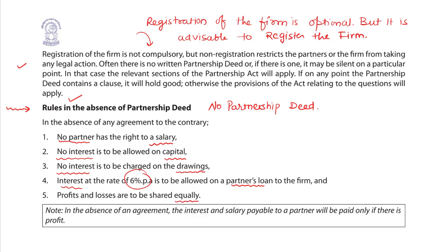I believe you understood. So, five things: no partnership salary is allowed, no interest on capital is allowed, no interest on drawings is charged, interest on partners' loan is given at the rate of 6% per annum, and profits and losses are to be shared equally. Note, in the absence of a deed or agreement, the interest and salary payable to a partner will be paid only if there is a profit.